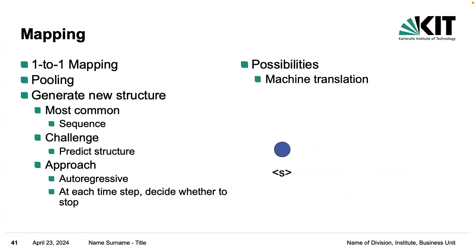So we look at our current state, and then we predict our first output, the first word. Once we have predicted the first word, we continue until we predict this is the end of the sequence. So you start maybe with start, and then you do your first prediction, and your prediction is today.